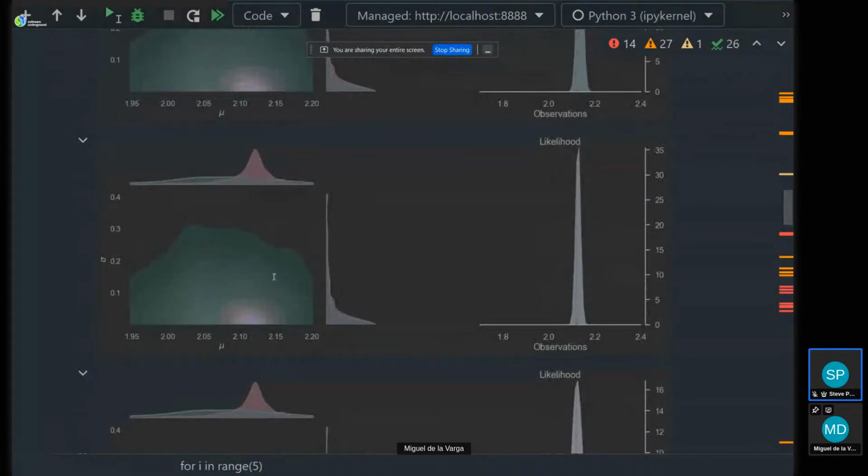But the curve, so basically the normal distribution, because we are changing the mean and the standard deviation of this likelihood function, is going to be different every time, and every time is going to give you a different likelihood value.